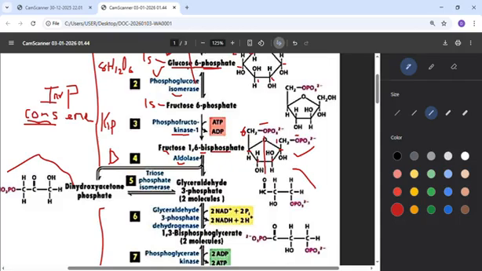How will you know that it has been divided? Remember, there are 6 carbons here, but if you count here, you have 3. 1, 2, 3. The remaining 3 are also here. 1, 2, 3. So the aldolase has been able to divide this fructose 1,6-bisphosphate into 2 trioses. Any carbon sugar having 3 carbons, they call them trioses.